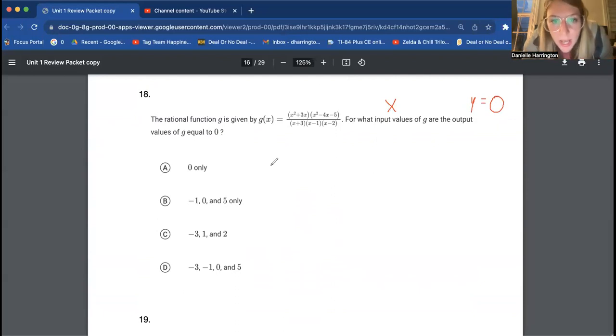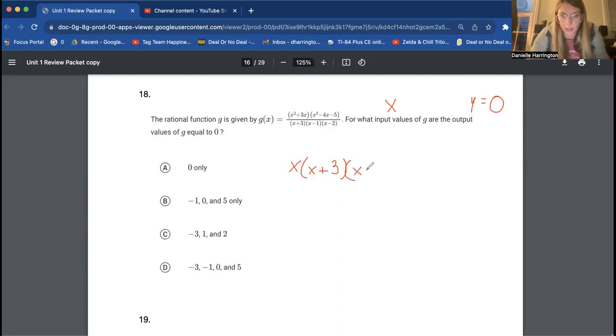So let's take a look at my numerator. It looks factored. We can even factor it even more. So that x squared plus 3x, I can remove an x, and that leaves me with x plus 3. And then I need two numbers that multiply to -5 and add to -4.